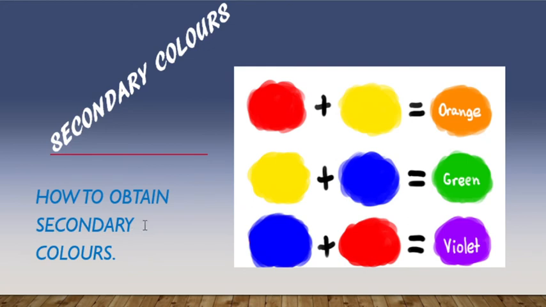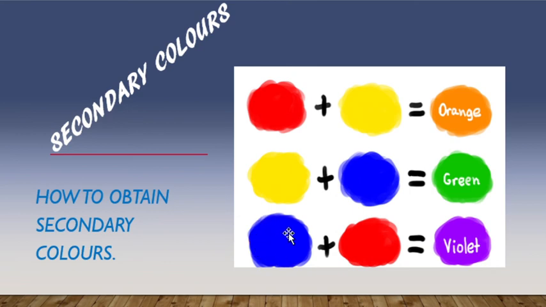Now let's look at how to obtain secondary colors. We have red here, we have yellow here. Both are primary colors. If you mix these two colors, the result will be orange. We have yellow here, we have blue here. If you mix these two colors, you're going to get green.